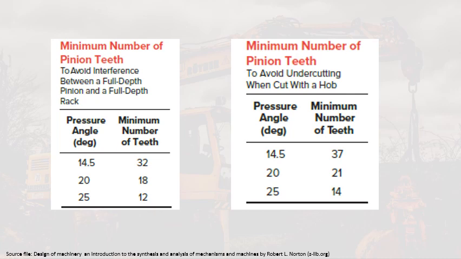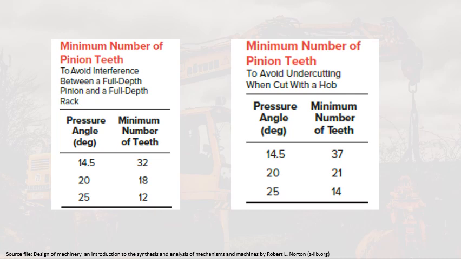So we have here the minimum number of pinion teeth to avoid interference between a full depth pinion and a full depth rack. So we actually have that pinion and rack, and we can have a minimum number of teeth based on the design pressure angle. So for example, the pressure angle is 20 degrees. The minimum number of teeth in the pinion should be 18, to avoid undercutting or interference.